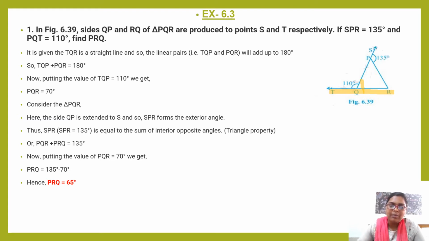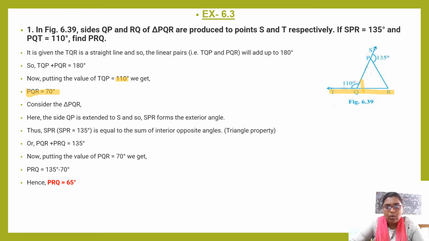Linear pair means their sum is obviously 180 degree. So 180 minus 110, how much will you get? 70 degree. So your PQR is 70 degree.